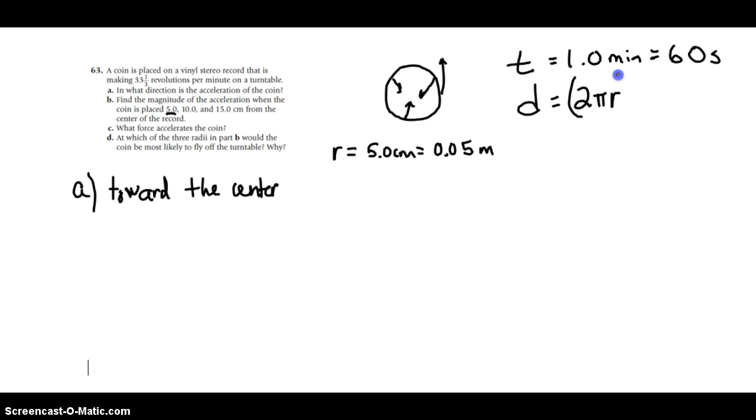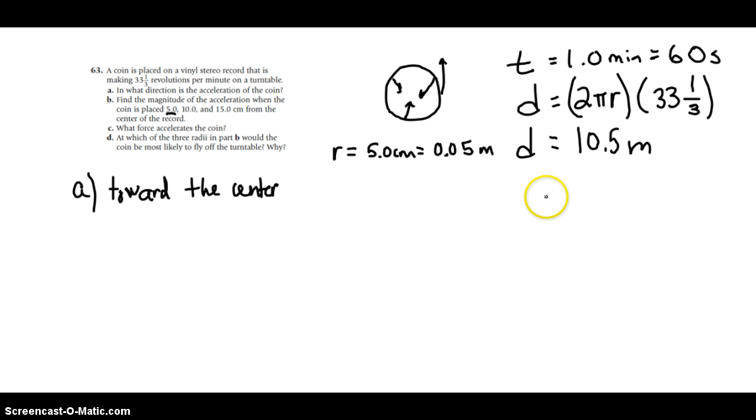33 1/3 revolutions is going to be a distance of 33 1/3 times that circumference. So then my distance ends up being 10.4 if you multiply that all out, or 10.5 meters, meaning after it goes around 33 times, it travels a total distance of 10.5 meters if you were to stretch that all out in a straight line.